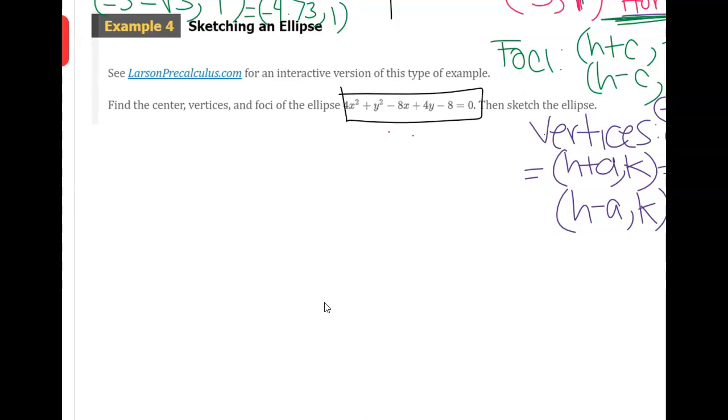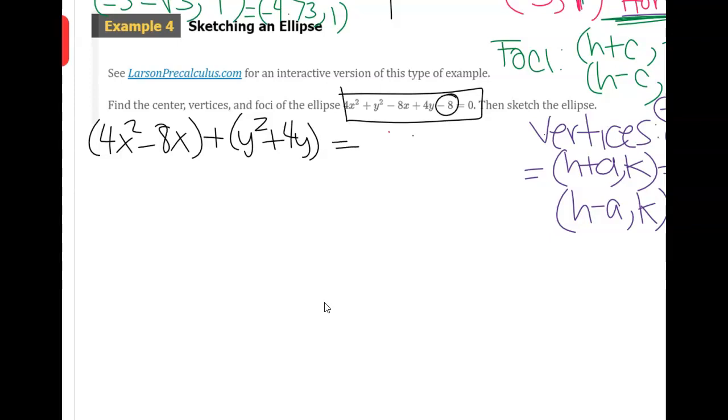We want to turn it into standard form. So we're going to group the 4x squared with the negative 8x. Then we're going to take the y squared, group it with the 4y, and then we're going to move that negative 8 to the right side of the equal sign.